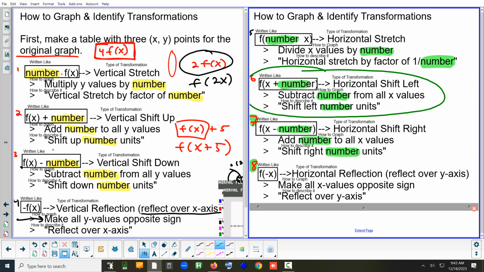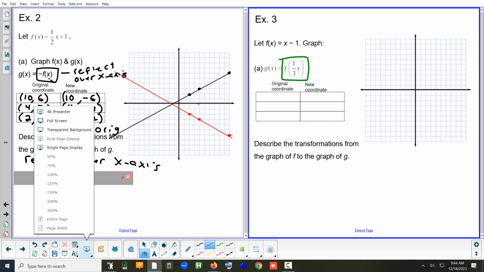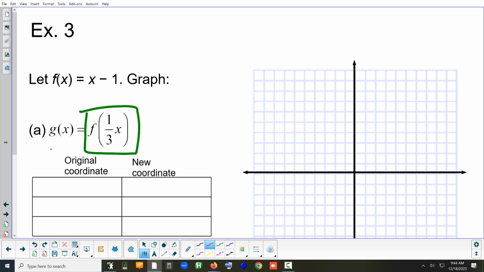So everything else here we're going to ignore. The only thing you need to look at is what I just circled in red. Any question why it's box 5? That's the only one that has the number in front of the x. Okay. And what is our number that's in front of x in this case? 1/3. Yep, it's going to be 1/3.